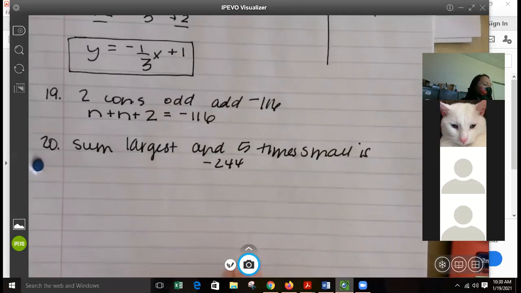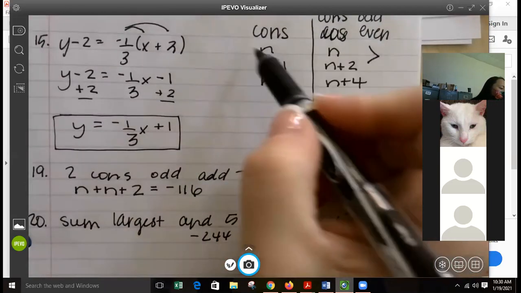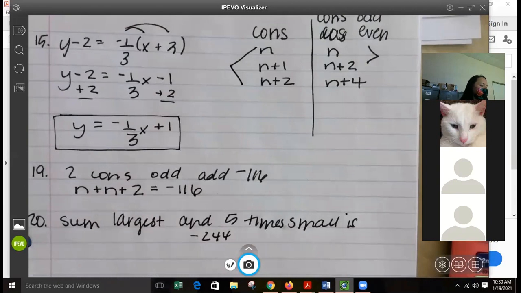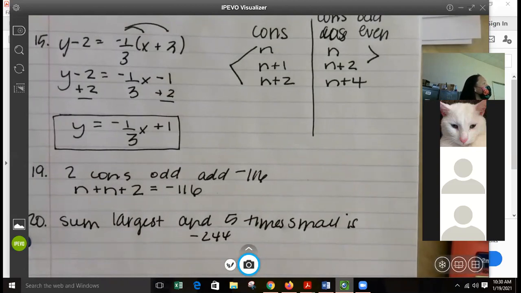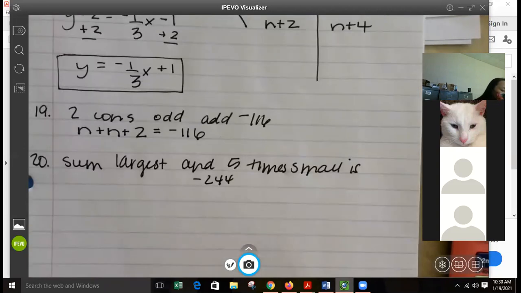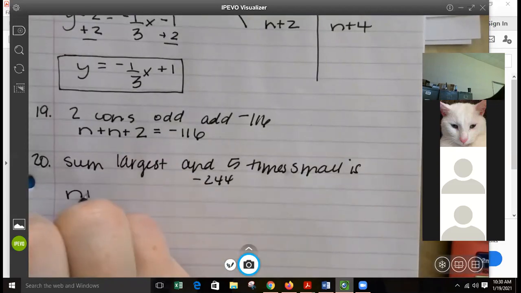So the sum of the largest. If we did 3 consecutive, 1, 2, 3, which one is the largest? N plus 1 or n plus 2? Which one's going to be the biggest number in the end? Which one has the most added to it? N plus 2. Yes. So n plus 2 is the largest.